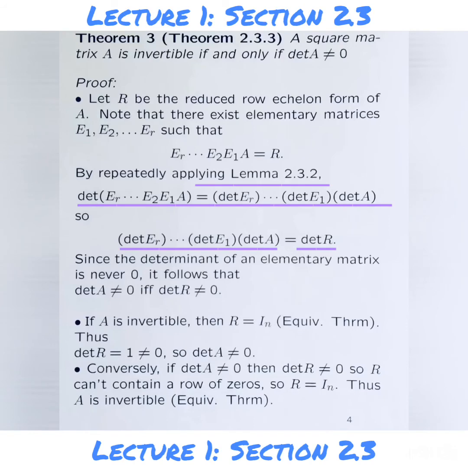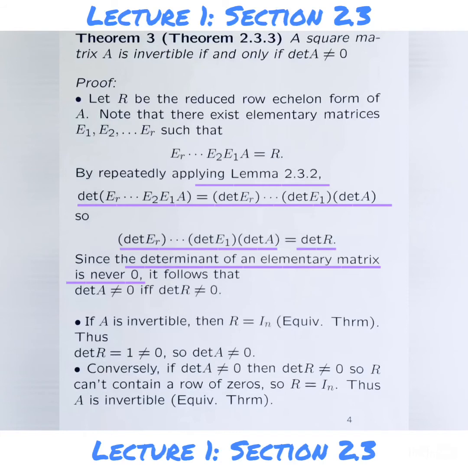Now note that the determinant of an elementary matrix is never 0. So that will imply that if what you have on the left-hand side is not 0, then the right-hand side will not be 0. In other words, because the determinants of the elementary matrices are non-zero, the only way the left-hand side can be 0 is if the determinant of A is 0.